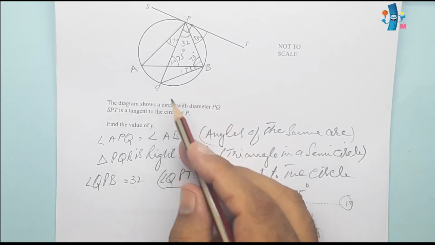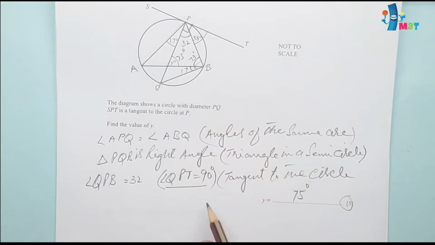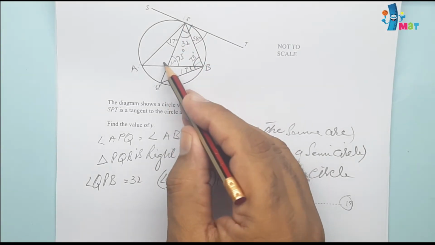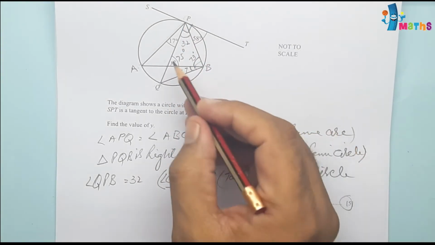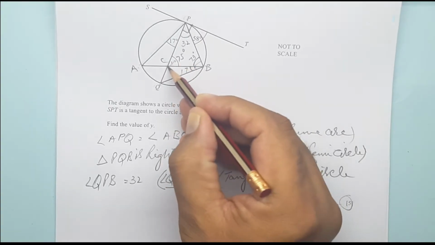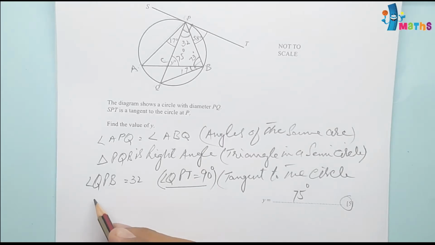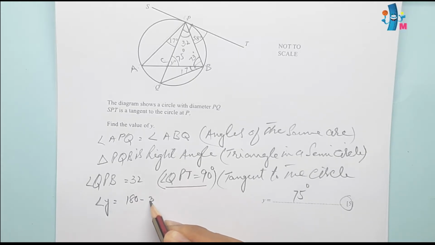So we have mentioned basically everything, and we can write the last point is this triangle P, and this one we can mention as C point, this common point C. So PCB, like we can write angle Y is equal to 180 minus 32 plus 73.